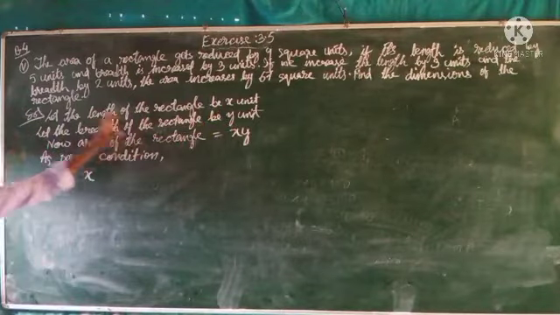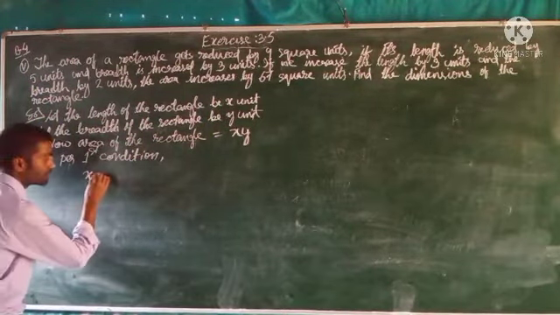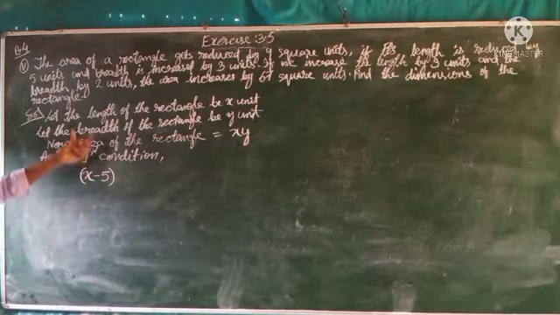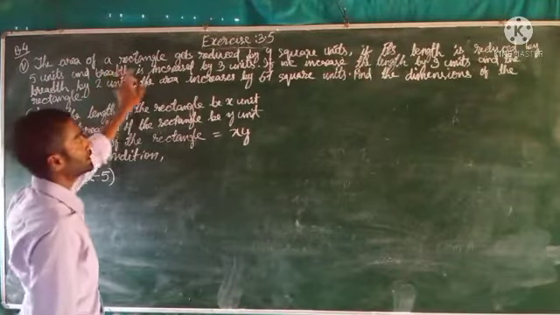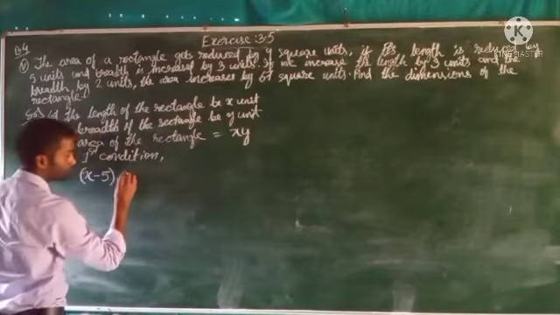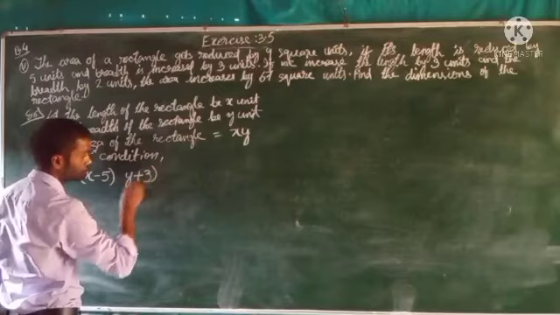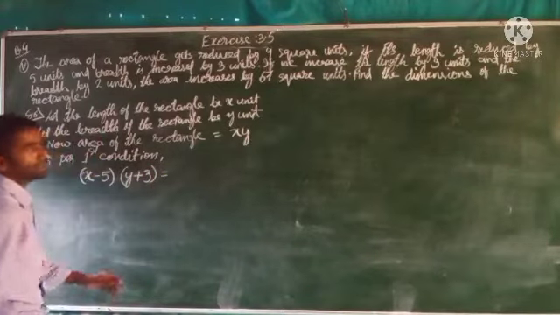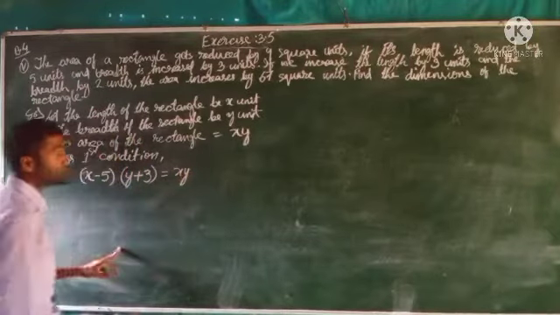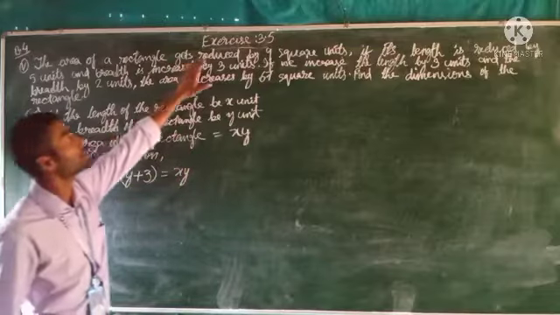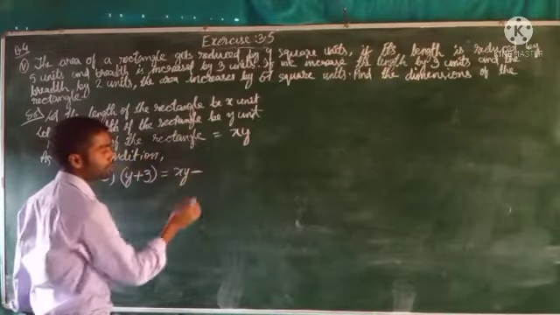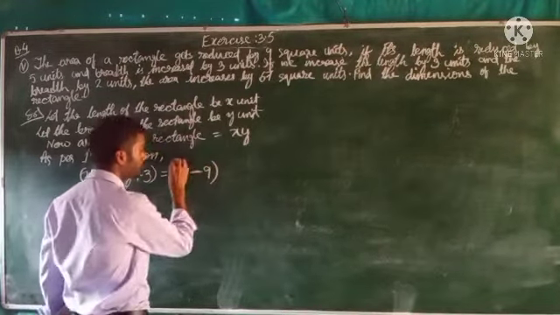Length is reduced by 5 units, that means x minus 5, that is the length. Again what happens to the breadth? Breadth, it is increased by 3 units. So now breadth is y plus 3 is equal to the area, it is already we found here, that is xy. Now the area also reduced by 9 units. The area, it is reduced, that means minus by 9 square units.